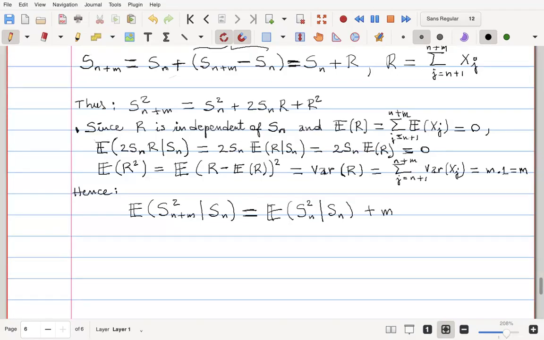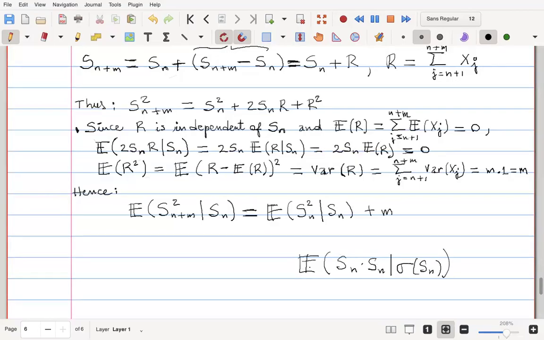But this one is actually S_n squared itself. Why? Because I can write it as the conditional expectation of S_n times S_n given sigma(S_n), right? I can take one S_n out, because S_n is known.